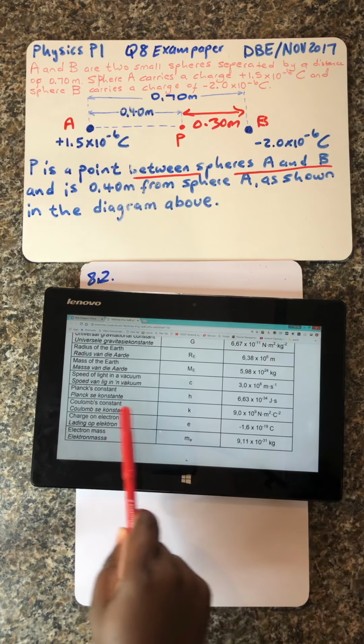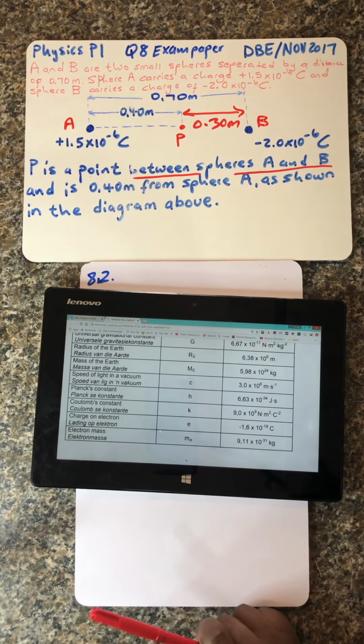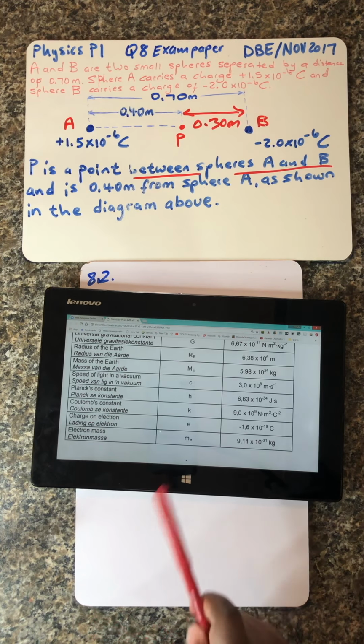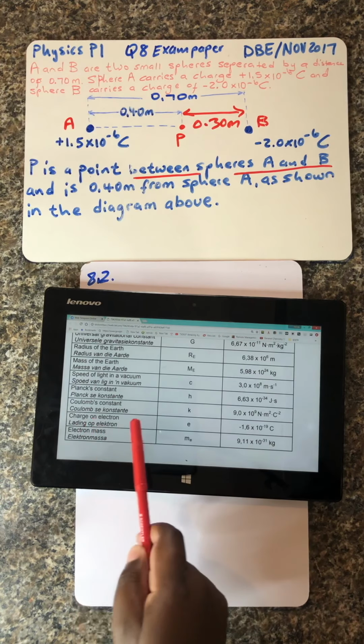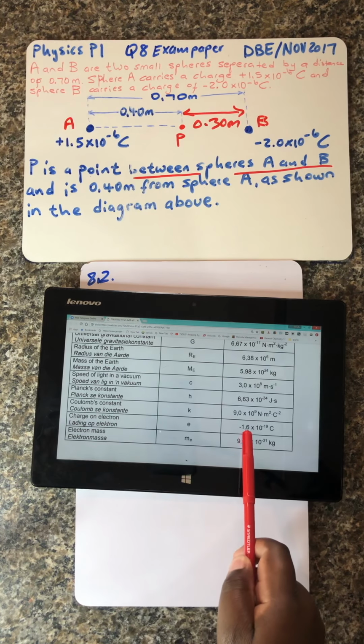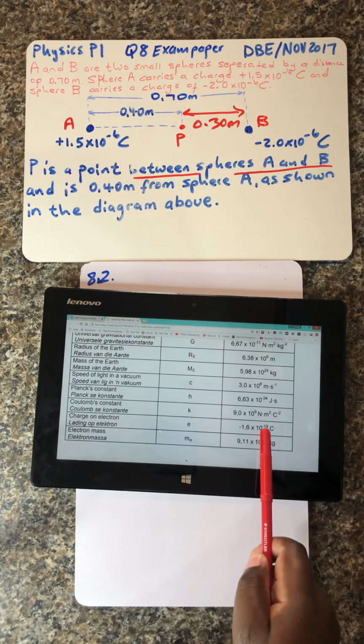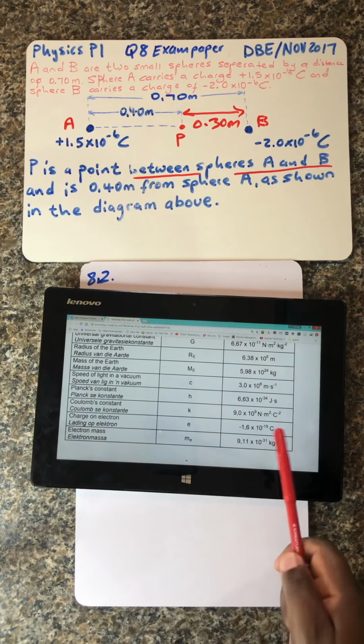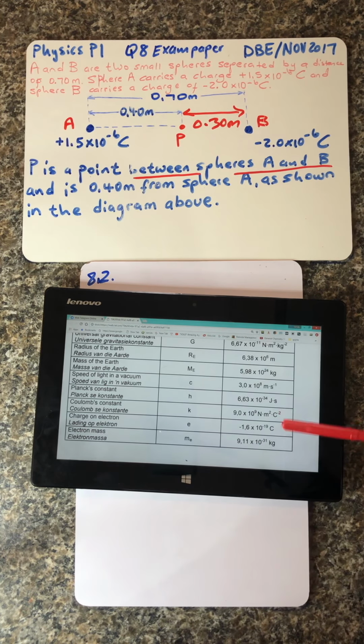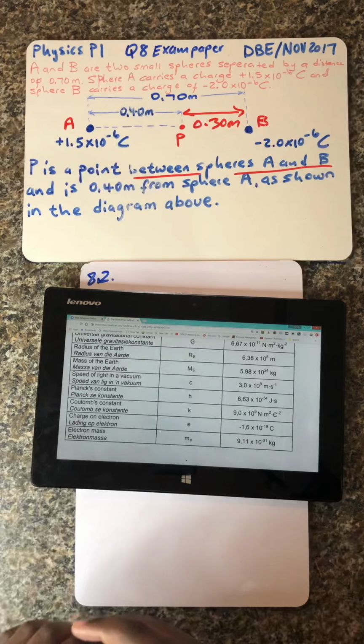So this is the constant that you normally use with regards to this chapter. And the other one is the charge on an electron, which is -1.6 × 10^-19 coulombs. So these are the two physical constants that we normally use in relation to this chapter.